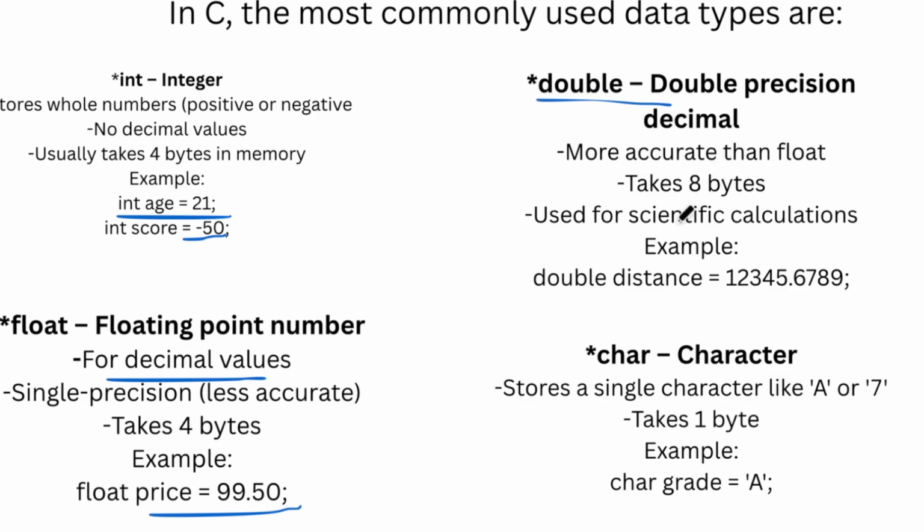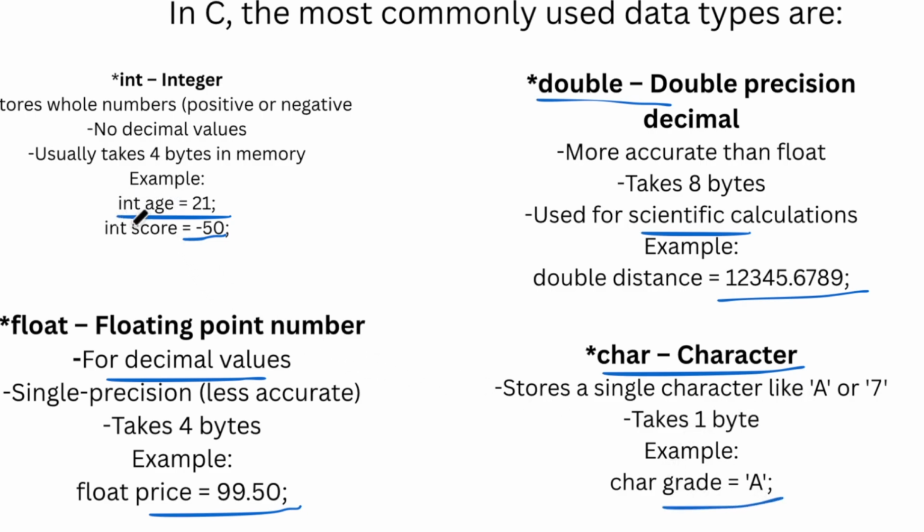It is used basically for scientific calculations where we need to calculate big decimal numbers, so it is more precise. The last is char, based on character. It is usually used to store a single character like a or 7, like your grades or roll number. And here you can see the example of it.